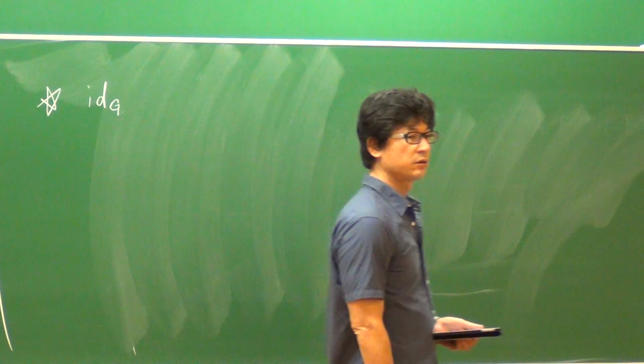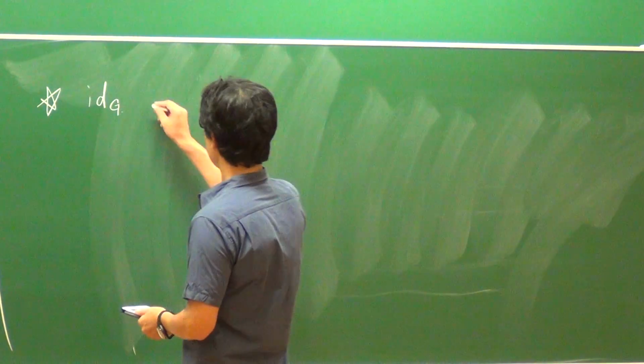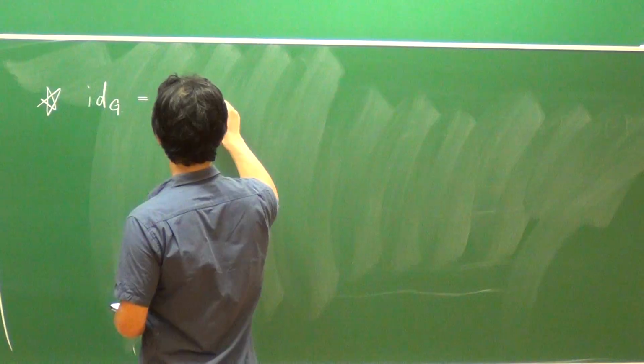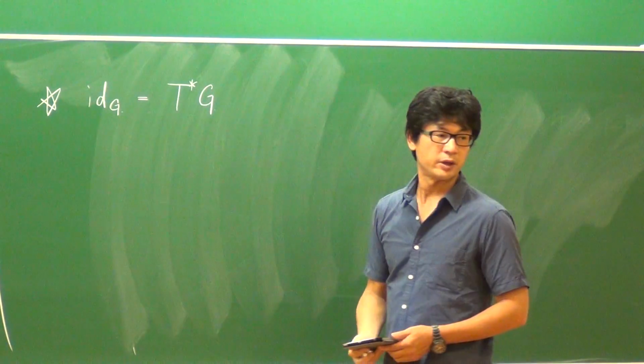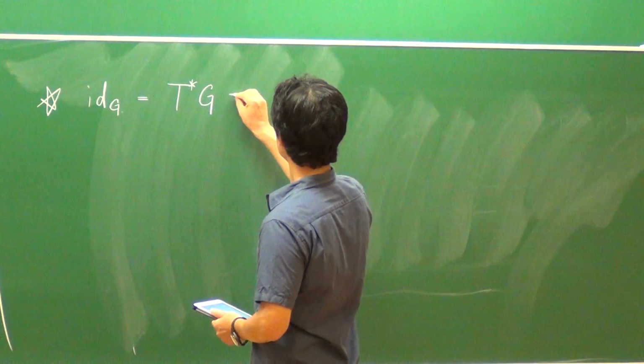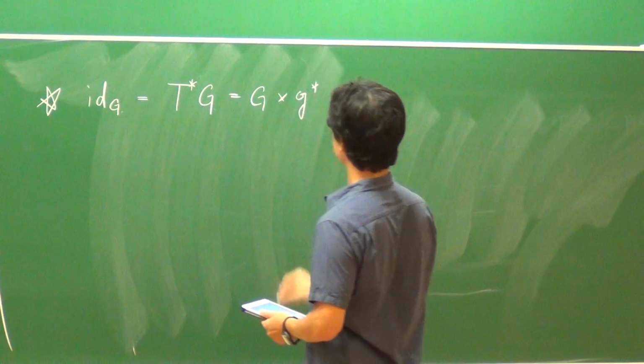Now, what is the identity morphism from G to G? This is not difficult to see. It's the cotangent bundle of G, which is just G times g star.